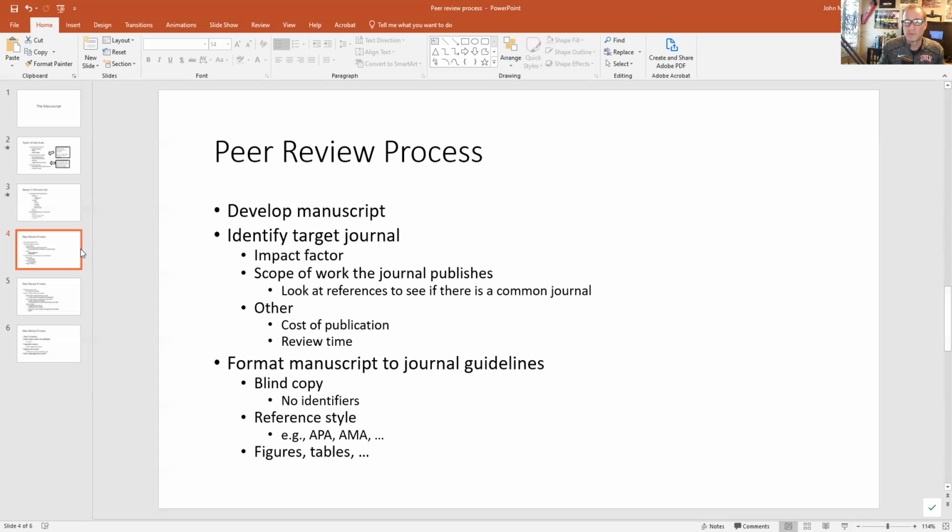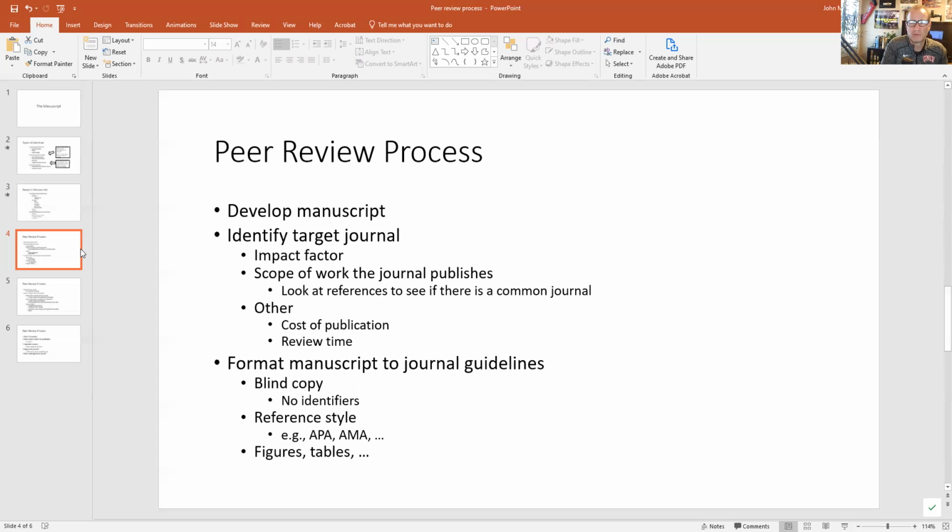Strength and Conditioning Journal publishes more applied work, and they have a very clear section on practical application: how does this paper help a coach, an athlete, or practitioner relative to something human performance related? When you understand the scope of work of the journal, that might help identify what journal to target, or you include information in your manuscript that addresses the scope of work that the journal publishes.